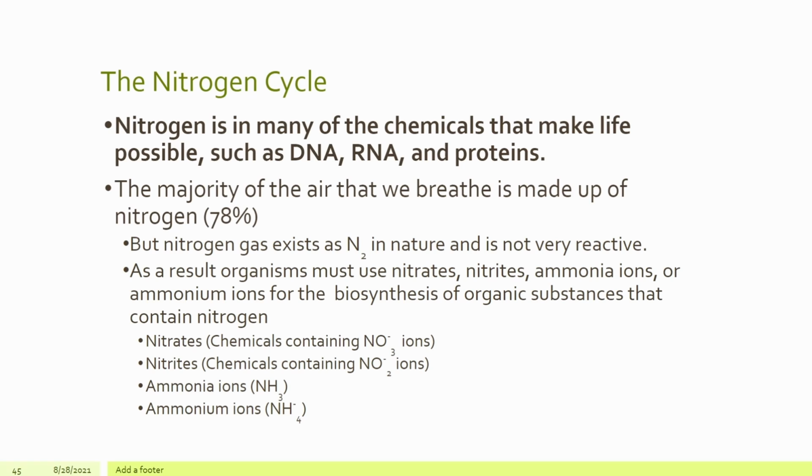So nitrates are chemicals that contain NO3 minus ions, or you would say contain nitrate ions. Nitrites are chemicals containing NO2 minus ions, or you could just say nitrite ions. And then ammonia is NH3, and ammonium ions are NH4 plus.